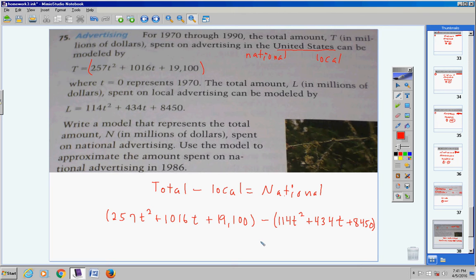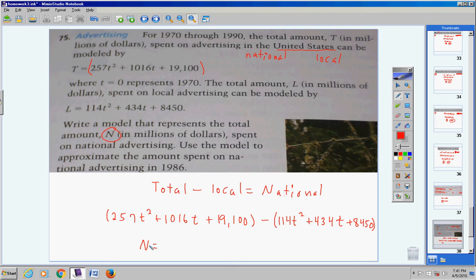Alright? Now, I'm trying to see sort of how this works if I have the answer close by, and I do. It's right here actually. So the answer would be, I'm going to use the letter N for national. Well, actually, they tell you to use the letter N right here.